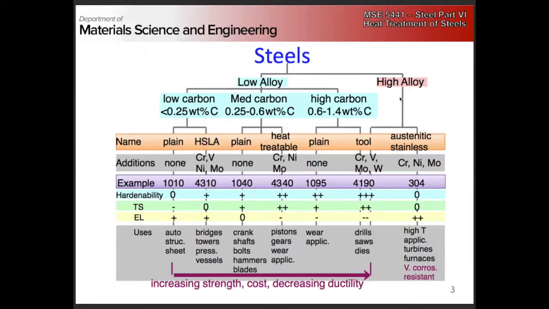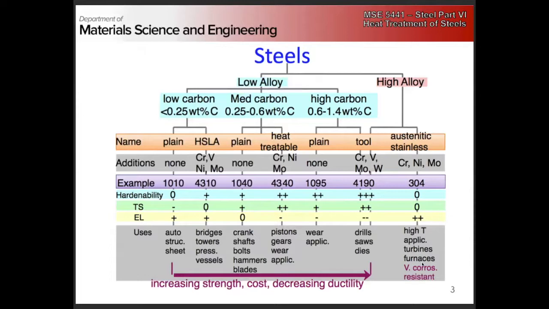Right? High alloy steels either tend to be tool steels or austenitic steels in the stainless, when we have significant amounts of chromium. Right? These also tend to be steels for things like creep applications, and creep, corrosion, high temperature.